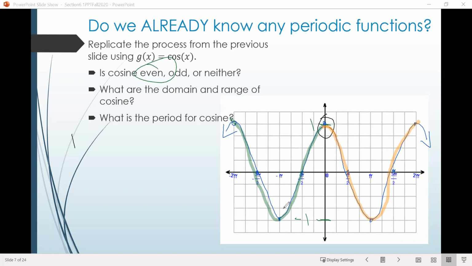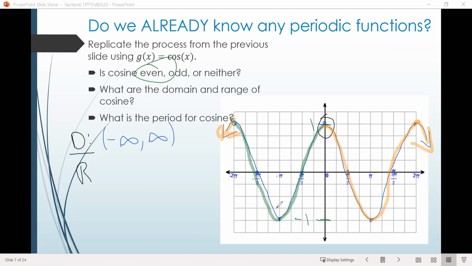For the domain, we again see arrows on the endpoints, continuing the same pattern to the left and to the right without any breaks. So our domain would again be all real numbers, or negative infinity to positive infinity.